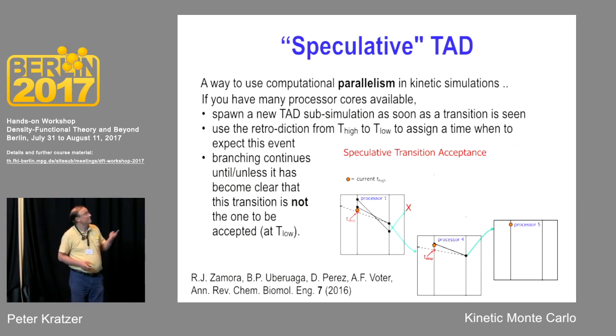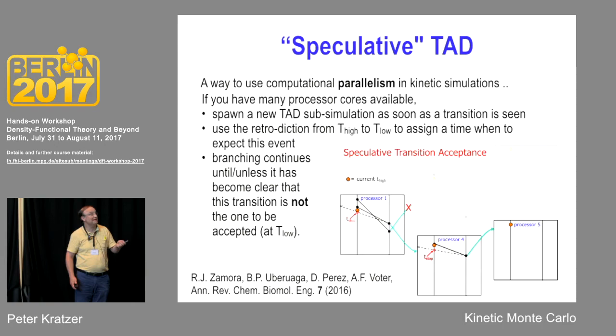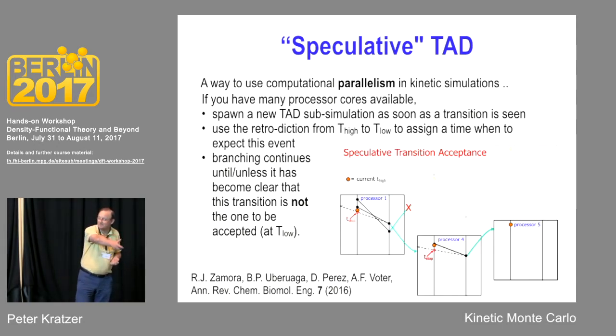I mean, whenever your simulation gives a jump of an atom, you can spawn a new subtask. For example, you have a processor 2 that follows the system after the jump. And at the same time, you have the processor 1 continuing, so it may generate an alternative jump, or even another alternative jump. So each jump of the system gives you a spawning of the task, and this keeps another processor busy.